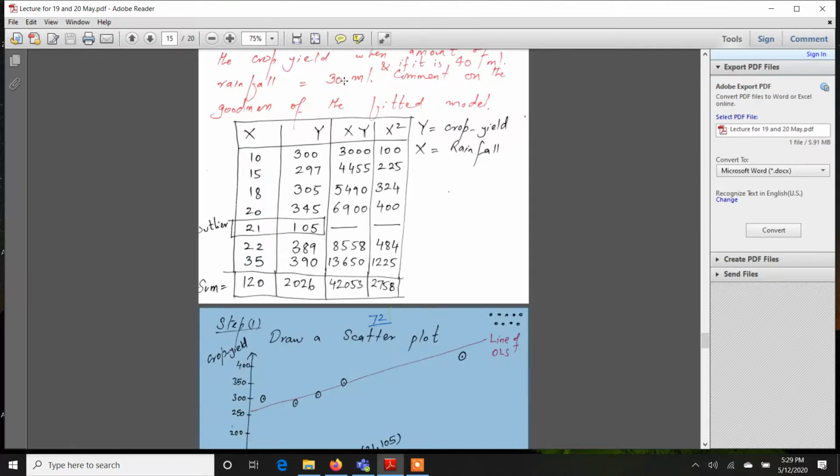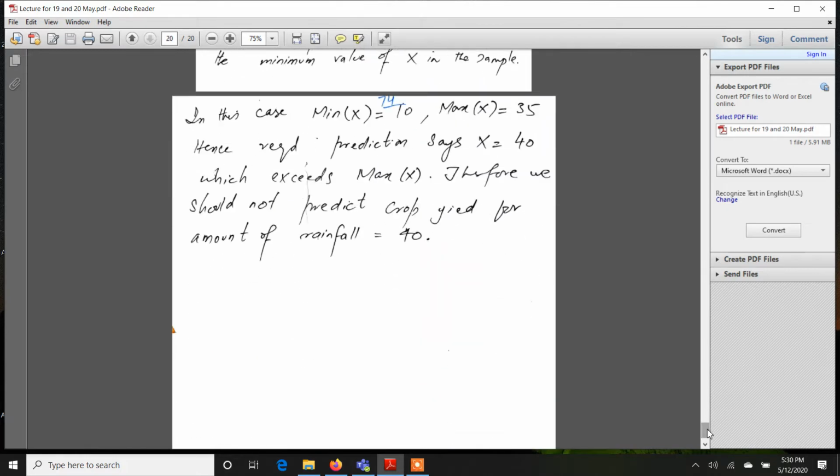That is, in the first part the given amount of rainfall was 30, which is between 10 and 35, so you can predict. But if the rainfall is 40, that is outside this value of 35. So you should say that we cannot predict for the amount of rainfall equal to 40 because this is outside the sample range.